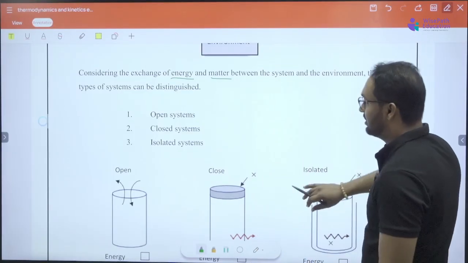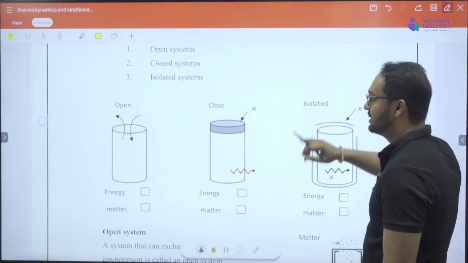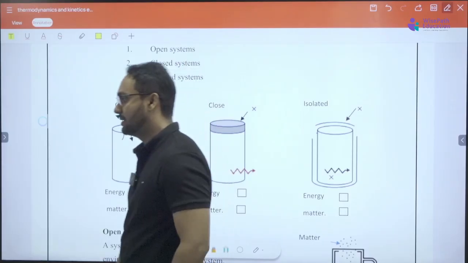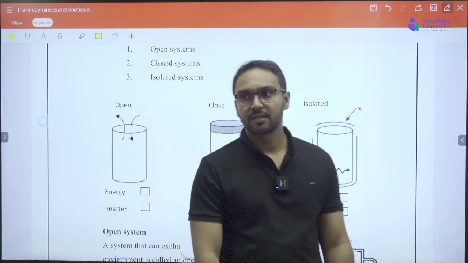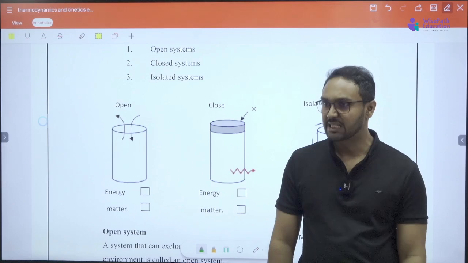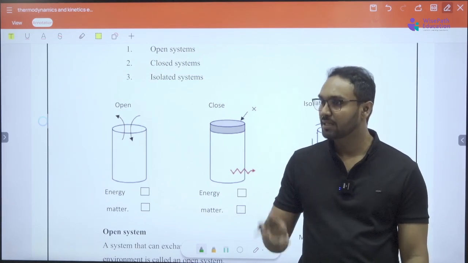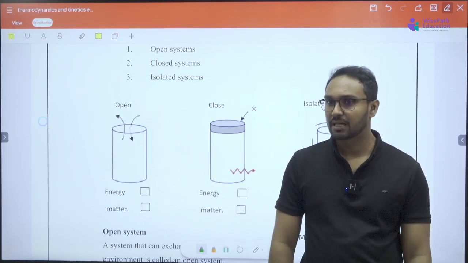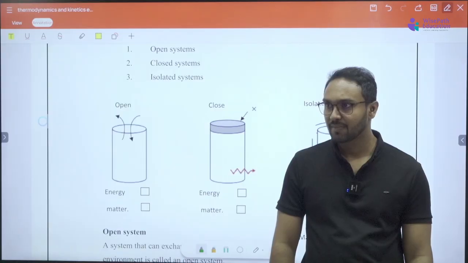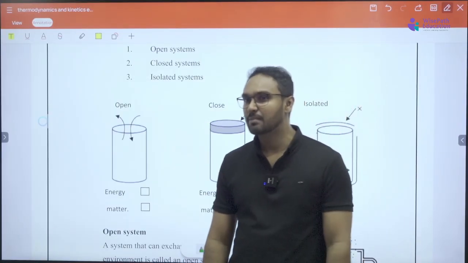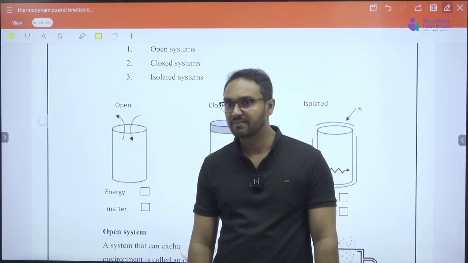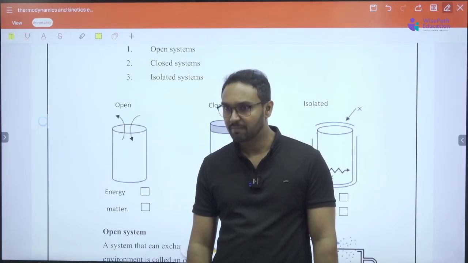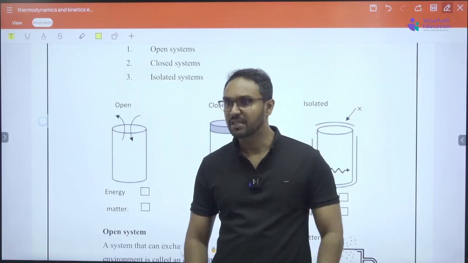So let's define the systems. Now, what is an open system? As the title says, it depends on the exchange of matter and energy between the environment and the system. An open system means the energy and the matter are both exchanged between the environment and the system, because it's open.